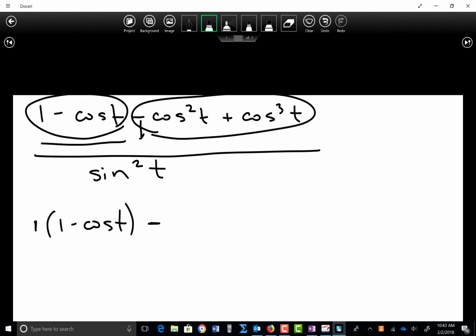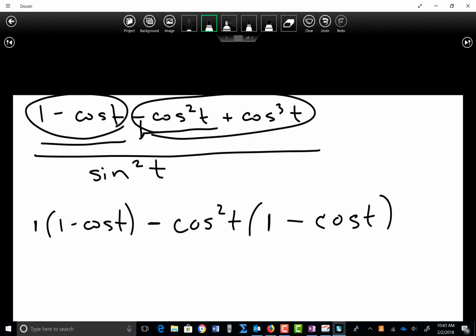And when you do this, you take the smaller one, and I say, okay, if I pull out a minus cosine squared out of minus cosine squared, I have a 1 left. And if I'm pulling a minus cosine squared out of a plus cosine cubed, I have a minus cosine left because there were 3 and I pulled out 2. That leaves me with 1.